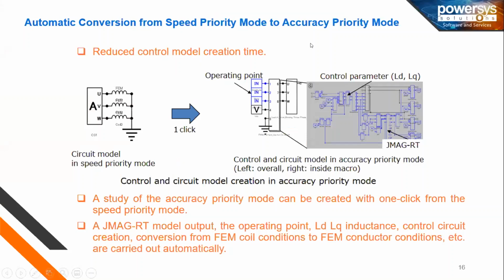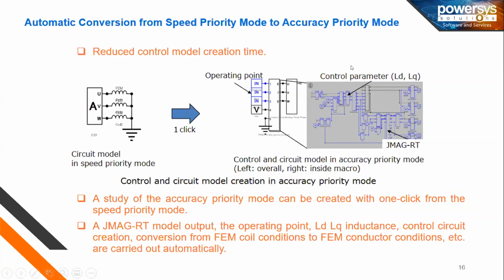A very good feature that is added in version 21 is that with a single click, we can convert our speed priority based efficiency map study into an accuracy priority mode efficiency map. We have three methods by which the efficiency map can be created. Out of the three, if we go for the accuracy priority mode, then the efficiency map we get will be more accurate.